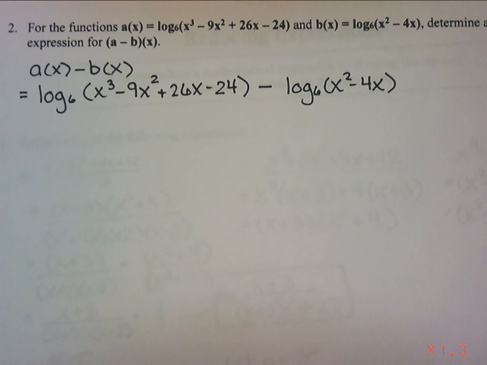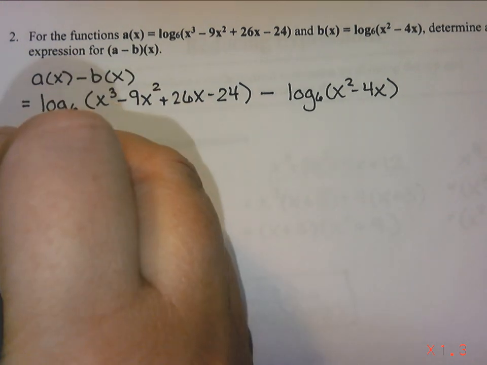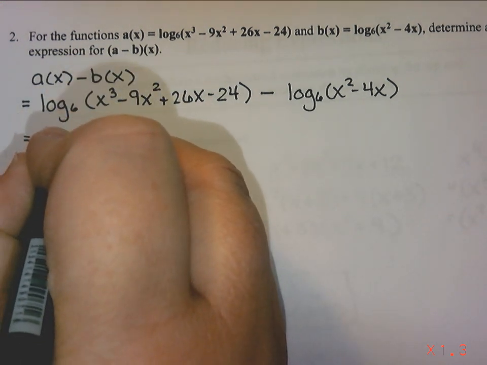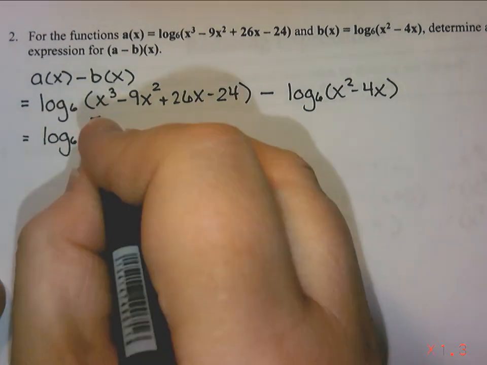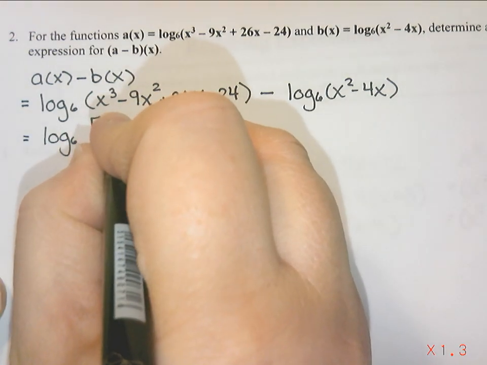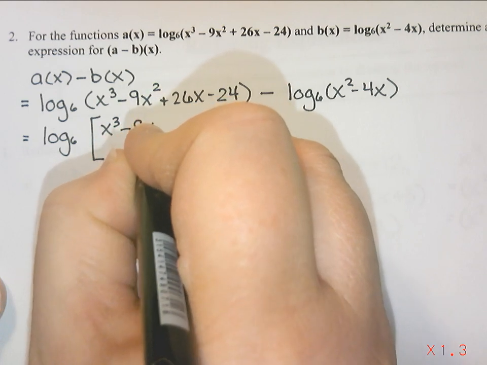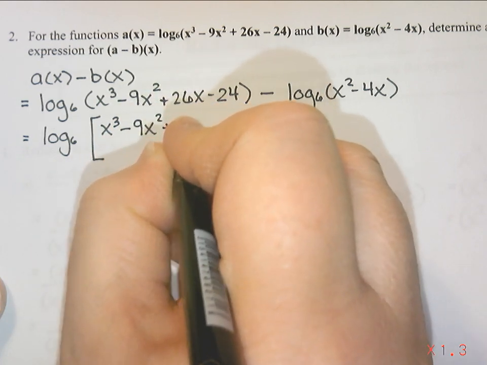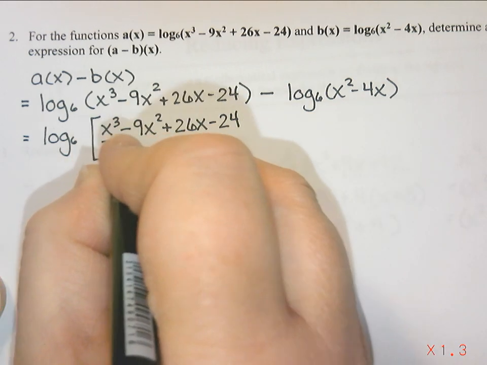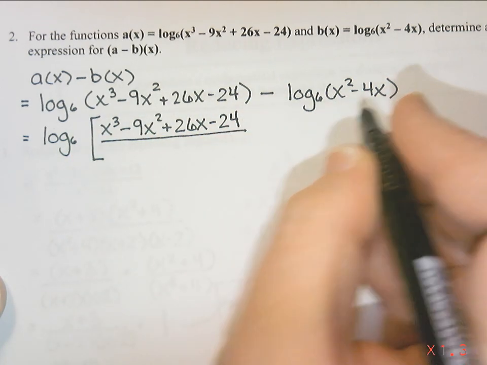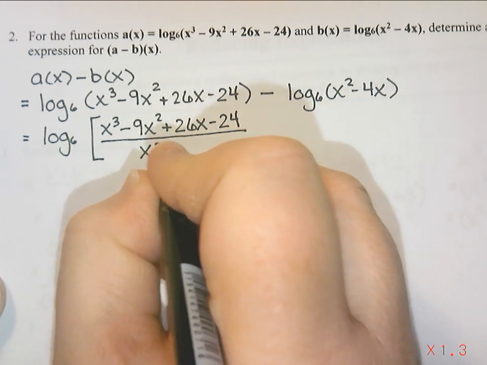So the first log goes on top. So I'm going to have x cubed minus 9x squared plus 26x minus 24 on the top, and then x squared minus 4x on the bottom.